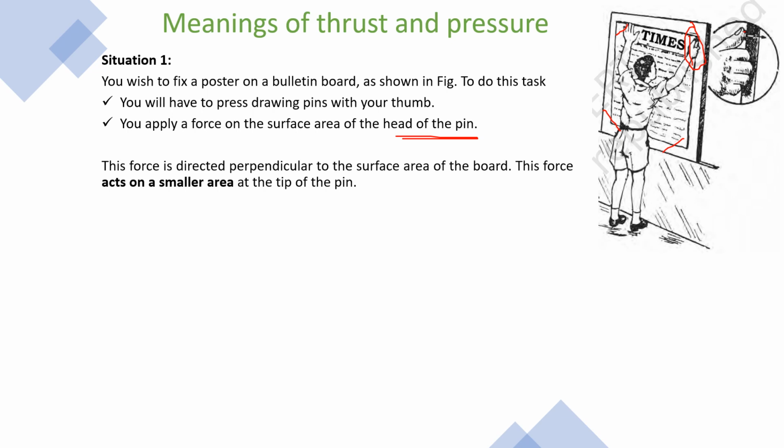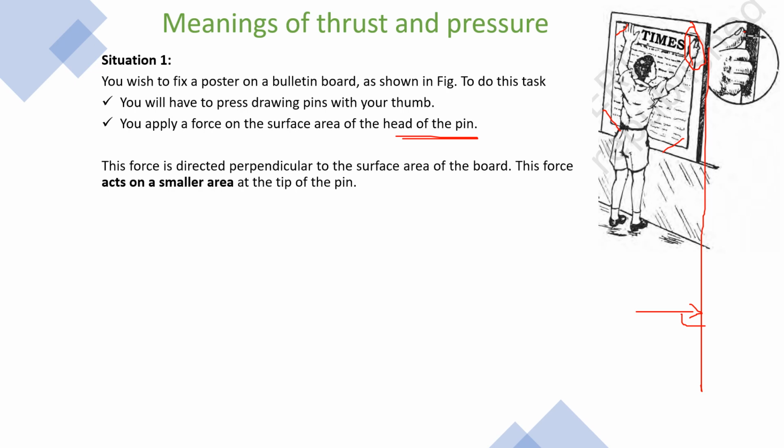This force you pressed with is directed perpendicular to the surface area of the board. How do you understand this? Now this is a wall, and you're pressing it this way. It's perpendicular, remember. The force is directed perpendicular to the surface area of the board.